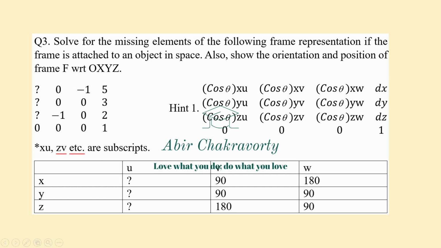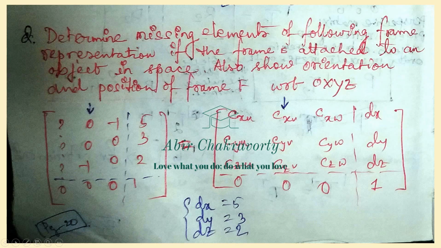Again in the second row, cos theta YU, YV, YW, cos theta ZU, ZV, ZW, and so on. So when we construct a table of XYZ and UVW, we find the angles here. Angles 90, 90, 180 degree, 180, 90, 90, and here is a question mark. So this needs to be found out.